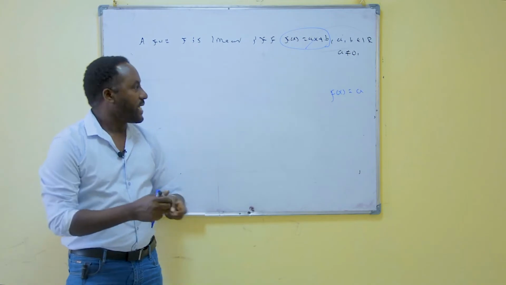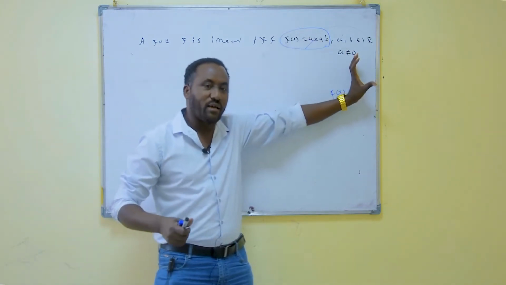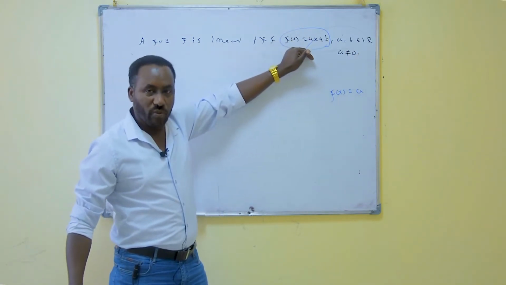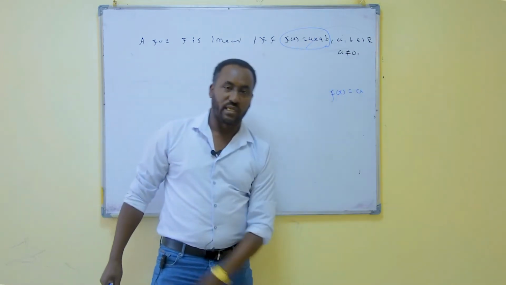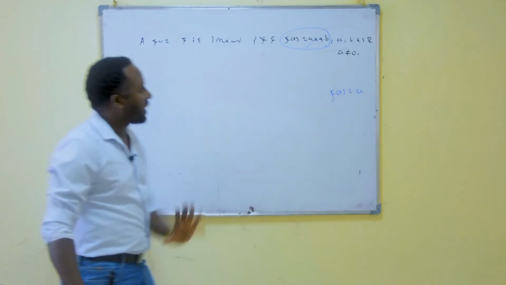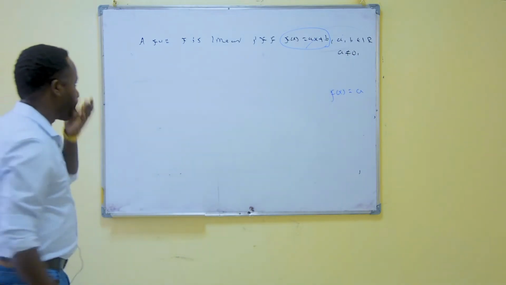So to avoid this, a function to be linear must be written in this form, with a different from zero. This is the definition of the linear function.